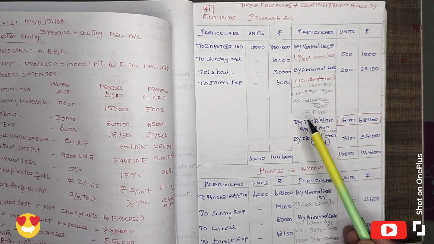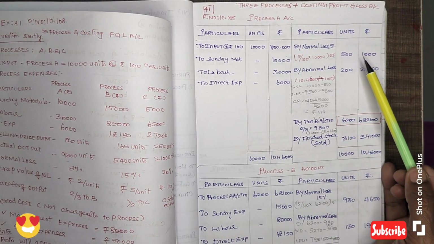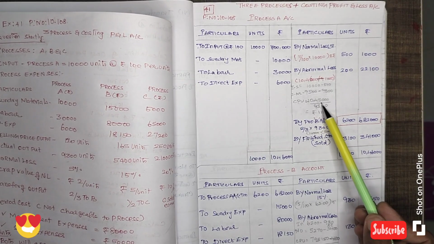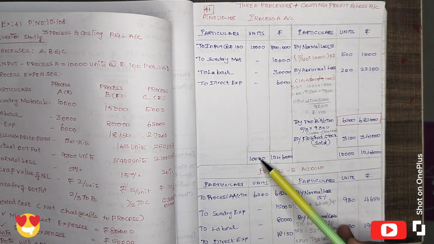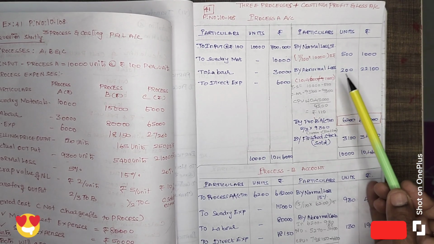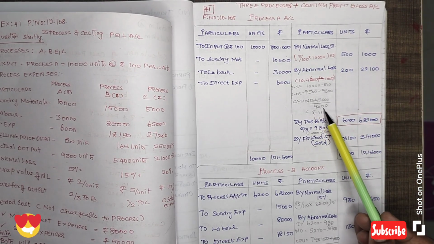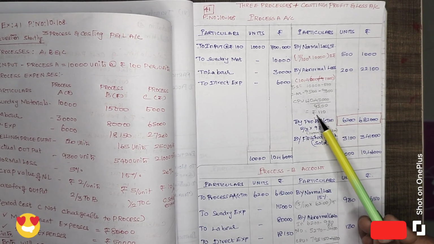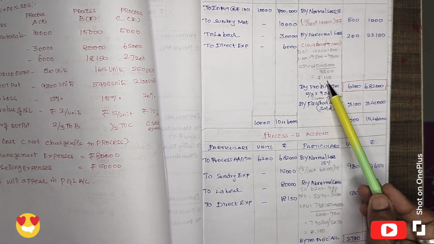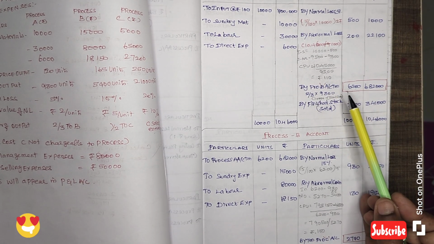As per the format, total cost 10,46,000 minus the scrap value 1,000 you will get 10,45,000 rupees, divided by total input 10,000 units minus normal loss 500 units, you will get 9,500 units. After dividing, you will get the cost per unit as 110 rupees.